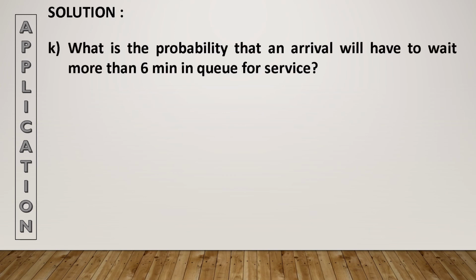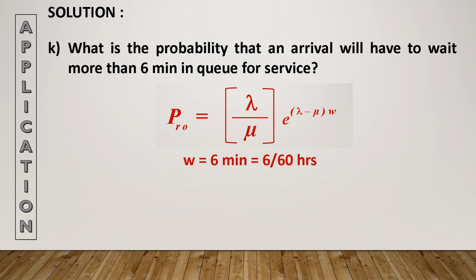Next, letter T. What is the probability that an arrival will have to wait more than 6 minutes in queue for service? We're going to use this formula. P sub W is equal to mean arrival rate divided by mean service rate multiplied by the constant e, which is raised to the power of the result of mean arrival rate minus mean service rate multiplied by the waiting time. So fill in. W here is equivalent to 6 minutes or 6 over 60 hours.